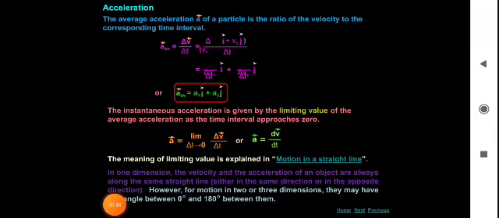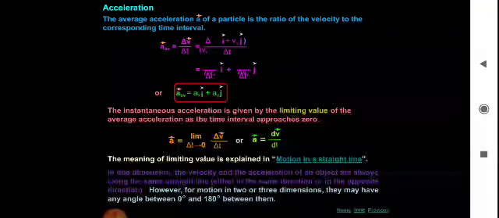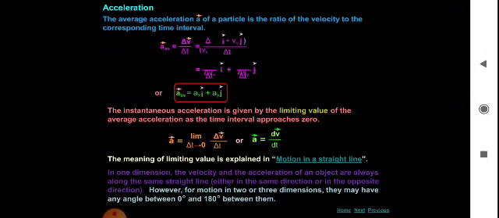Now let us study acceleration. The average acceleration vector a of the particle is the ratio of the change in velocity to the corresponding time interval.